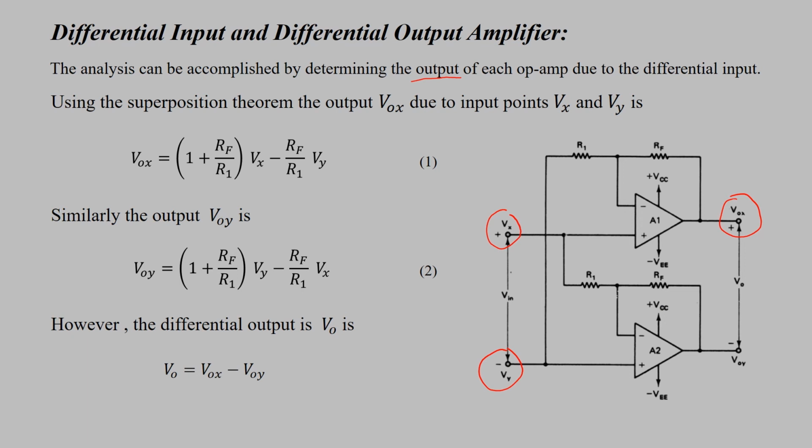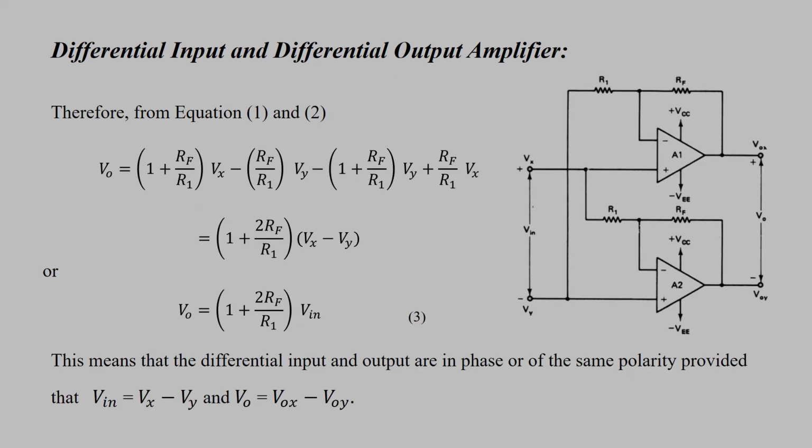Similarly, the output Voy is 1 plus Rf by R1 into Vy minus Rf by R1 into Vx. We can also see that the differential output Vo is Vox minus Voy.